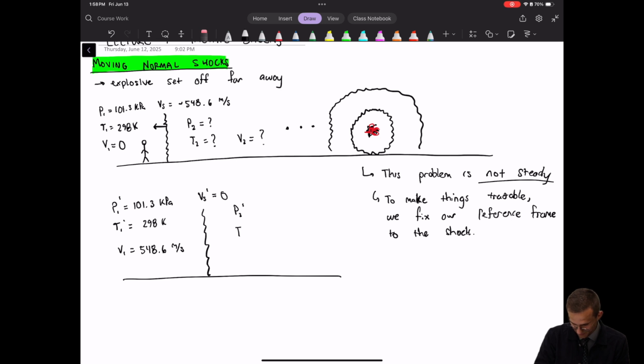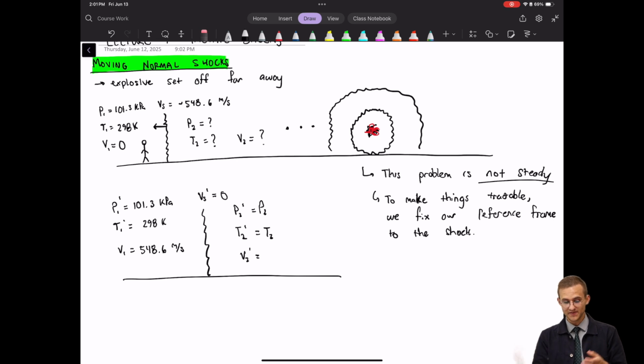And T2 prime? Well, first of all, we know that, like we just mentioned, these are just going to be P2 and T2, but we still need to figure out what those are. And then, what is V2 prime? So what would V2 prime be from our new reference frame? Well, it would be whatever it was before, right? But we're going to subtract off whatever relative boost that we're giving to it, right?